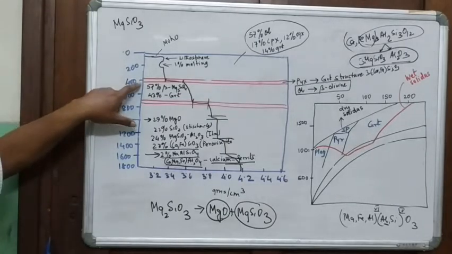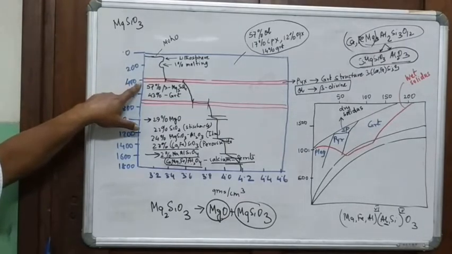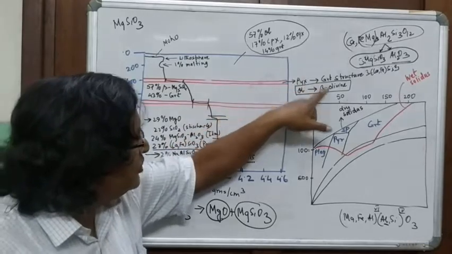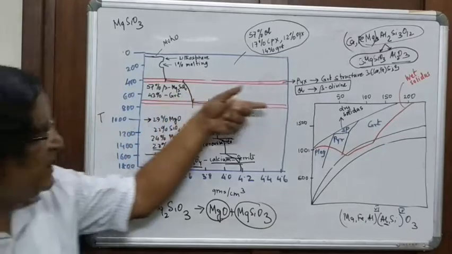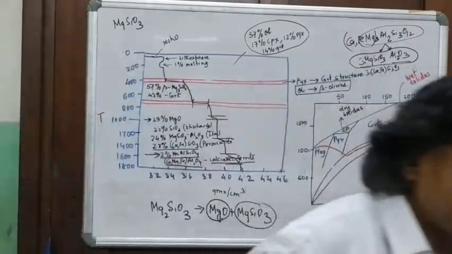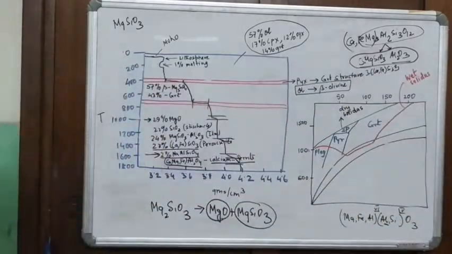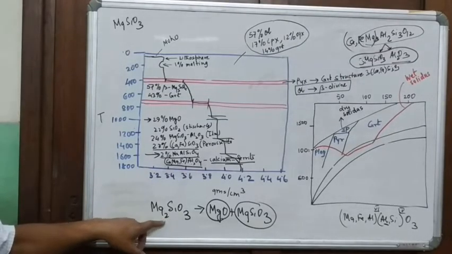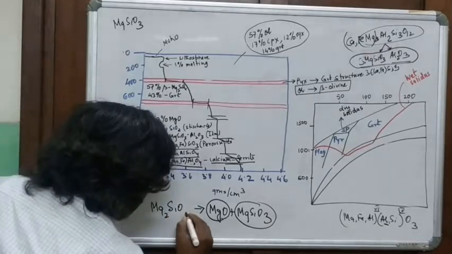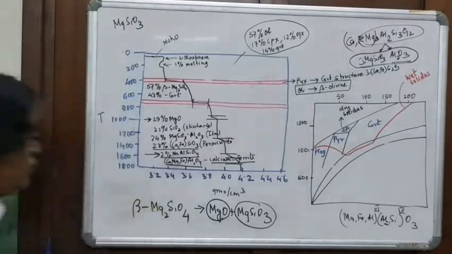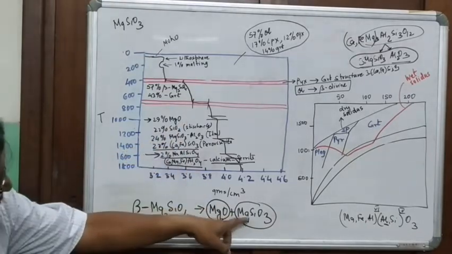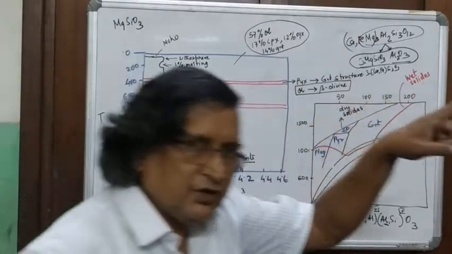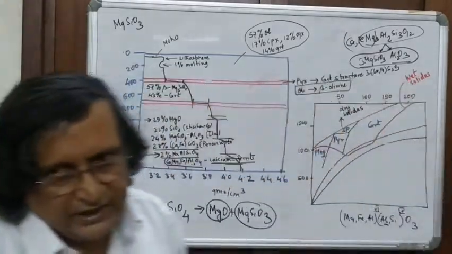But the important part is the 400 kilometer discontinuity, where pyroxene converts to garnet structure, olivine converts to beta olivine structure, and then you have a major discontinuity at 670 kilometer depth, where beta Mg2SiO4 breaks down to MgO, periclase, and MgSiO3 with an ilmenite structure.